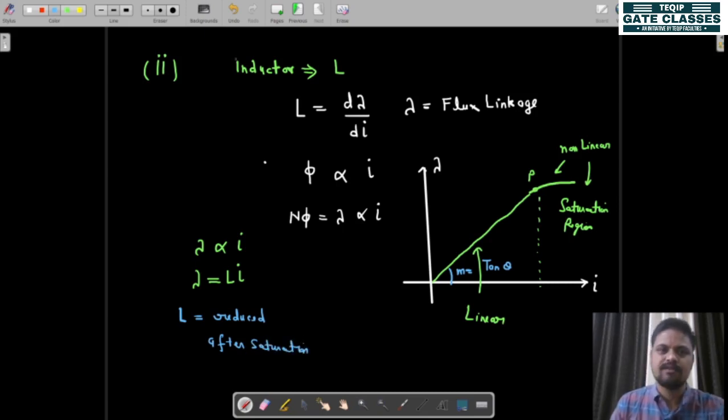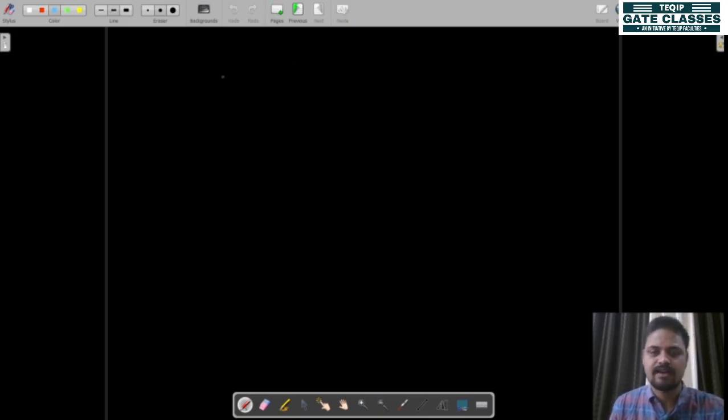So, whenever you purchase any inductor and he is saying that this inductor is having value of 5 millihenry, then definitely that value is specified for a particular current, because after that its value is 5 millihenry until it is not getting saturated. So, after saturation, what will be that value, you cannot decide. So, whenever we will deal with inductor, we will assume that there is no saturation, right. So, what we will assume, that there is no saturation.